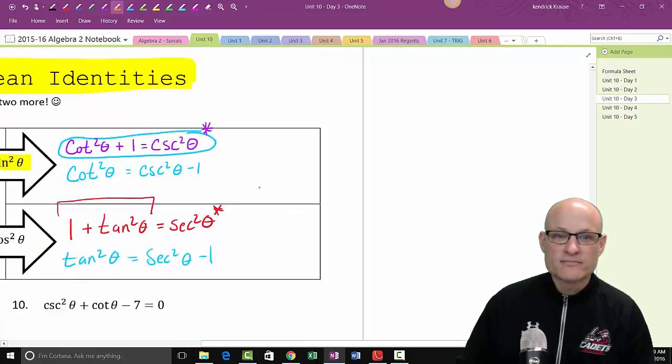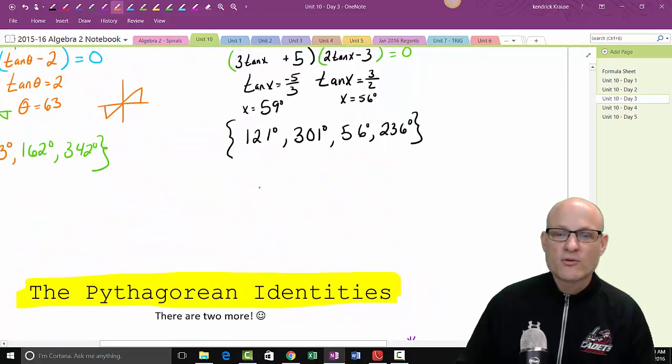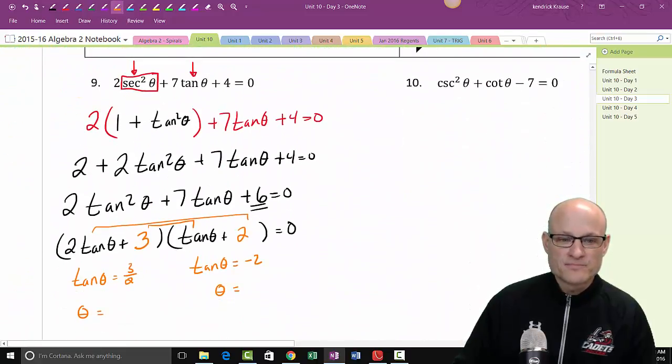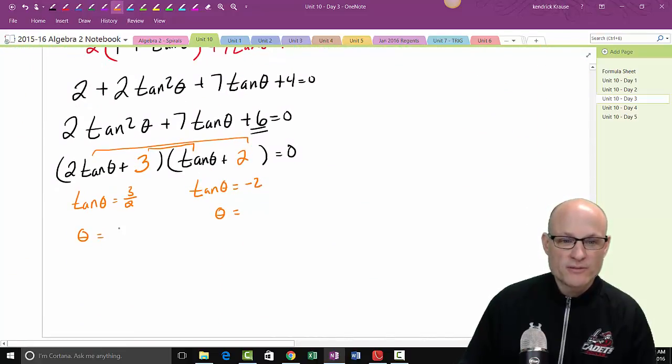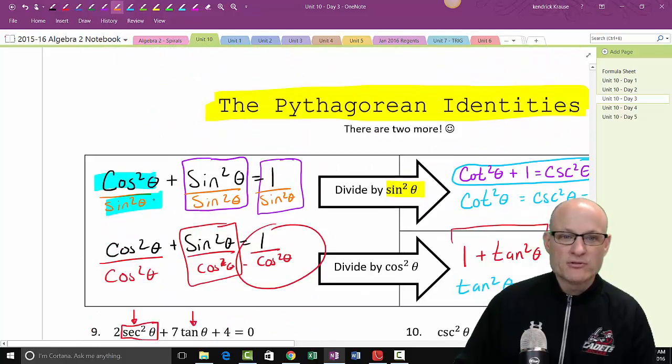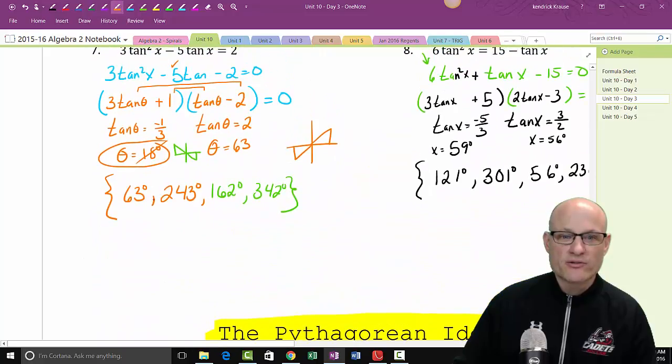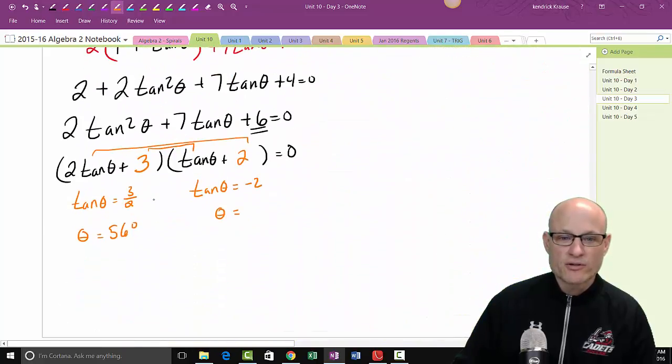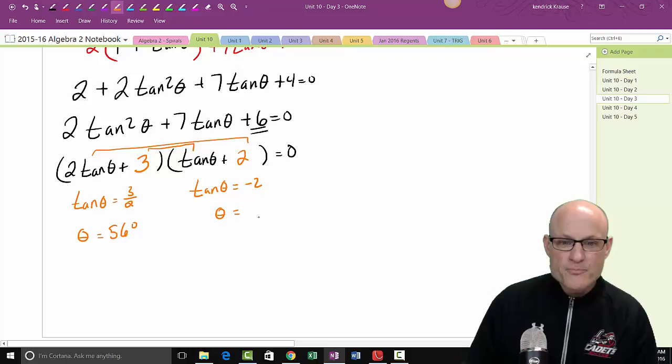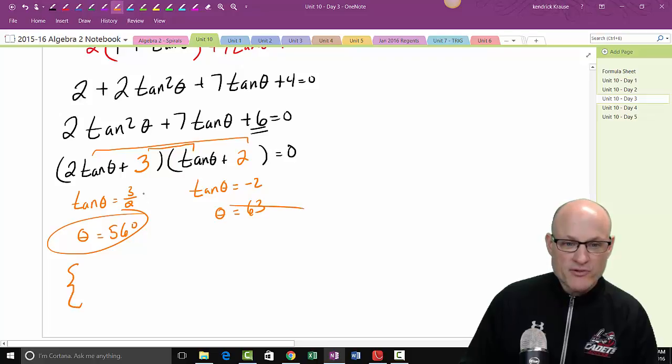Let's see if I can find it. Is this it? 3 over 2, 56 degrees. So 56 degrees for this one. And how about negative 2? Do we do negative? Or just 2? All I need is 2. 2 is 63 degrees. This one I'm going to keep. This one I'm not going to keep. I'm going to keep it because this is positive.